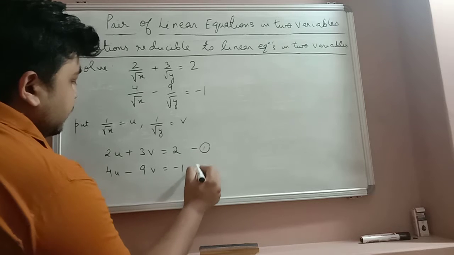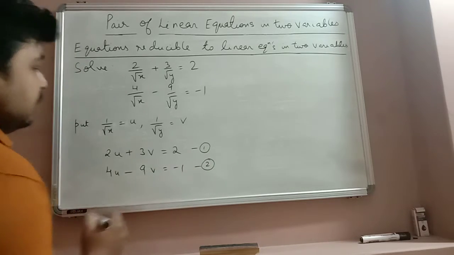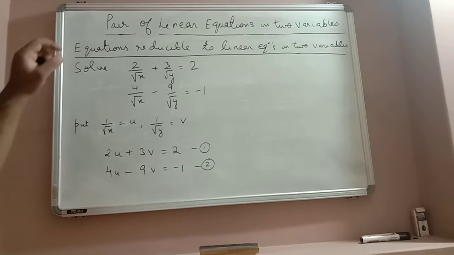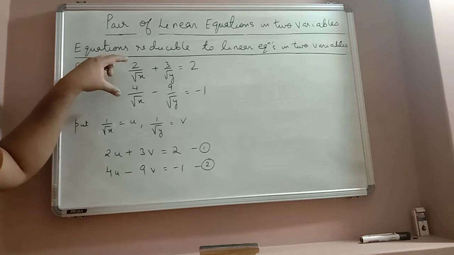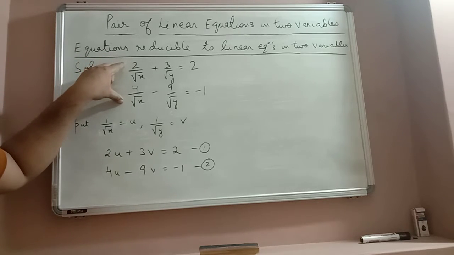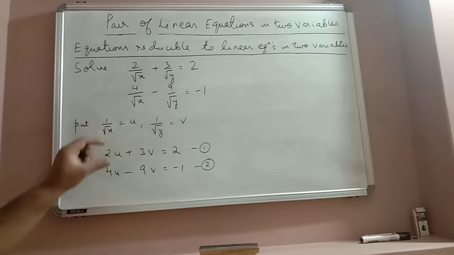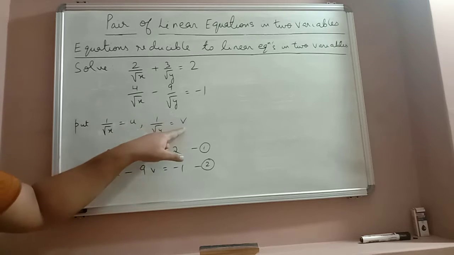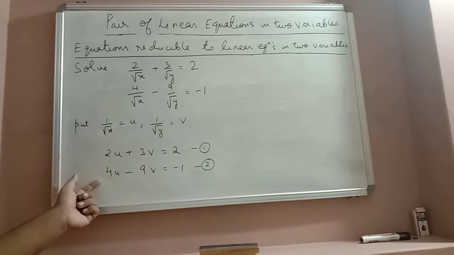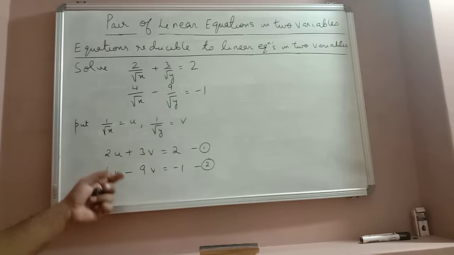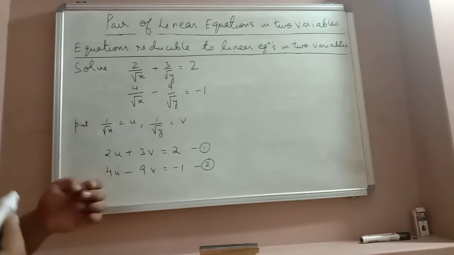Let me call this equation number 1 and this equation number 2. These two equations were not linear, but after putting 1 by root x equals u and 1 by root y equals v, they are linear equations in two variables. Now we can easily solve them by any of the methods.